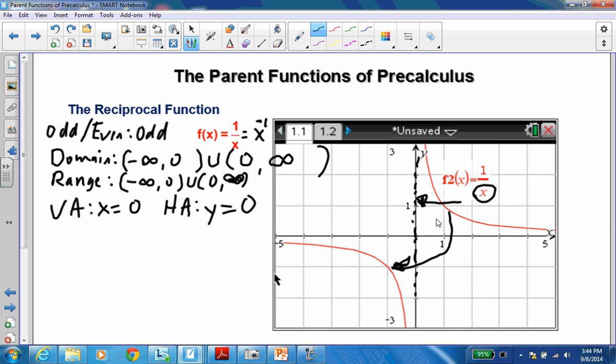If we divide 1 by 0.1, what do we get? 10. If we divide 1 by 0.01, what do we get? 100. If we divide by 0.001, what do we get? 1,000.